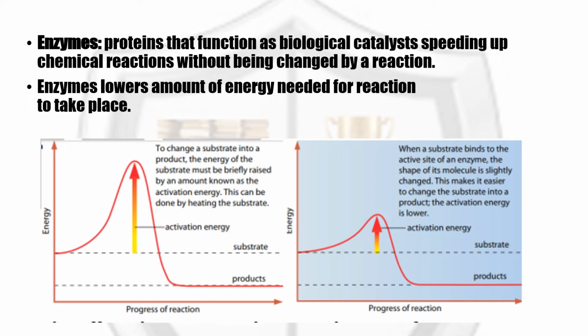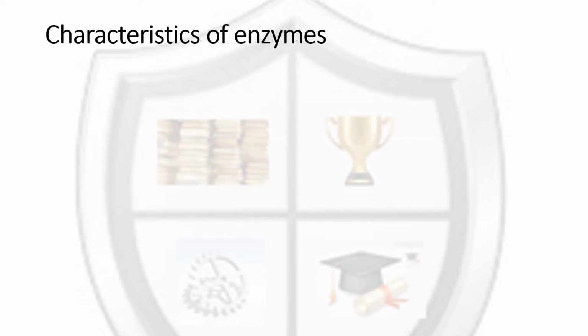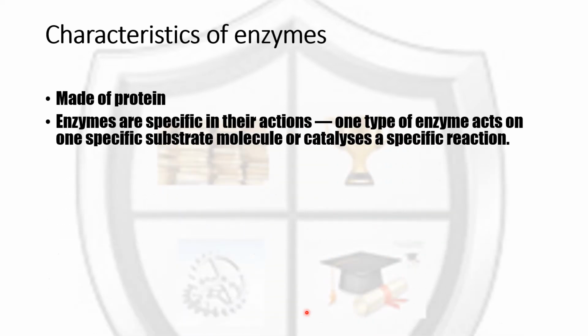Now, because enzymes are proteins, they have certain characteristics. We have already stated that they are made of protein. That is their first characteristic. Enzymes are specific in their actions. So that means one type of enzyme will only act on one particular molecule.